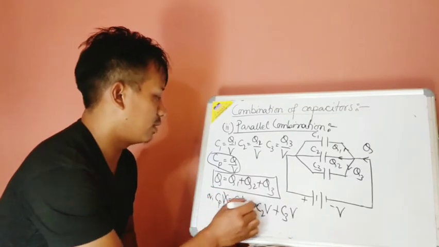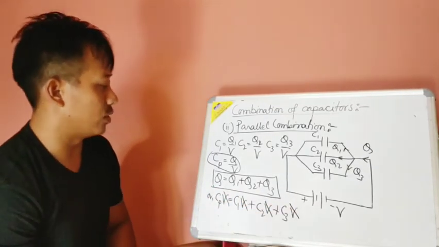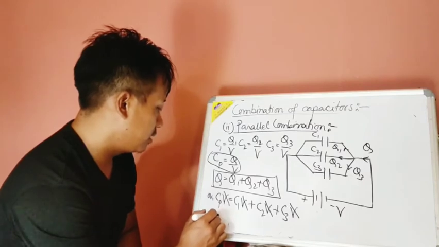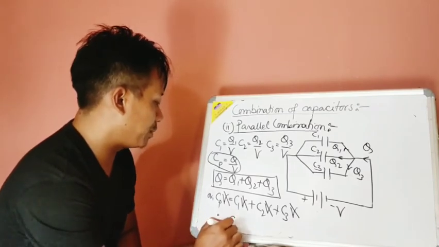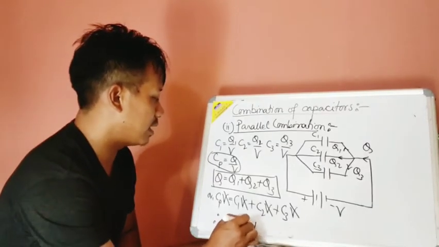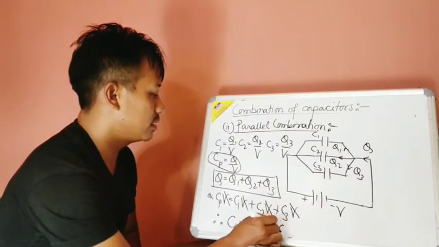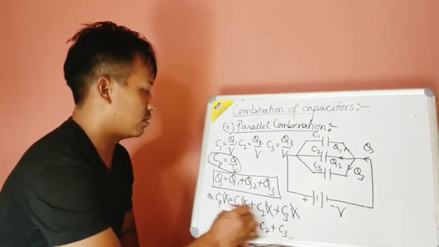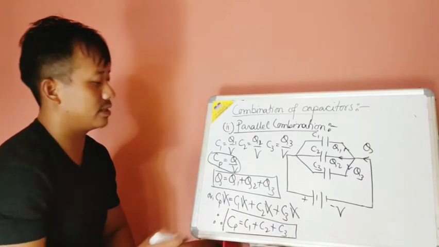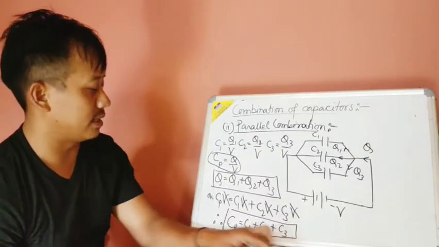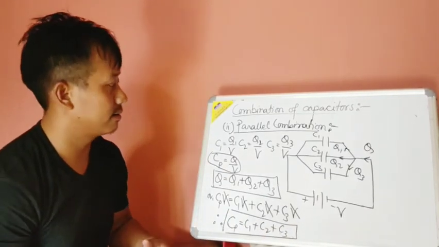So your ultimate relation is Cp equal to C1 plus C2 plus C3. This is the equivalent capacitance of three capacitors connected in parallel.